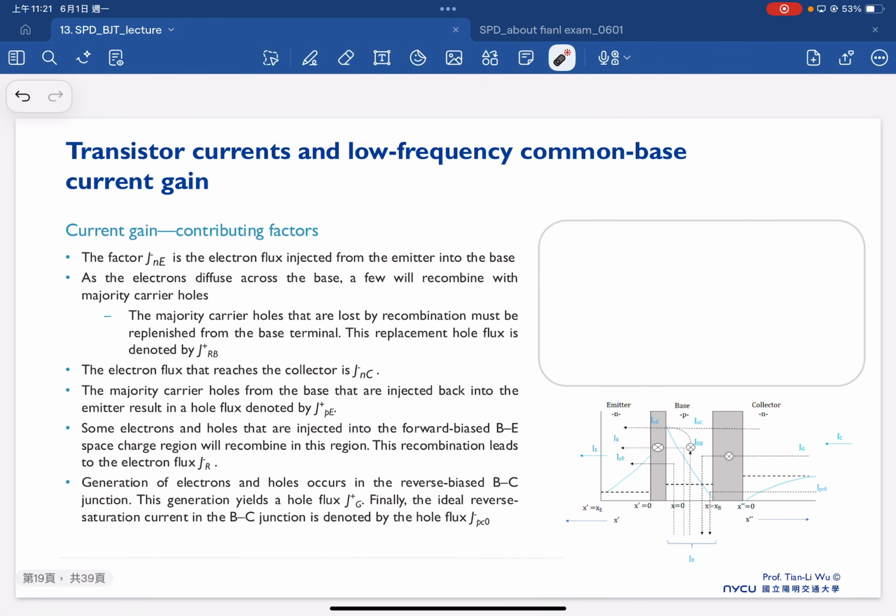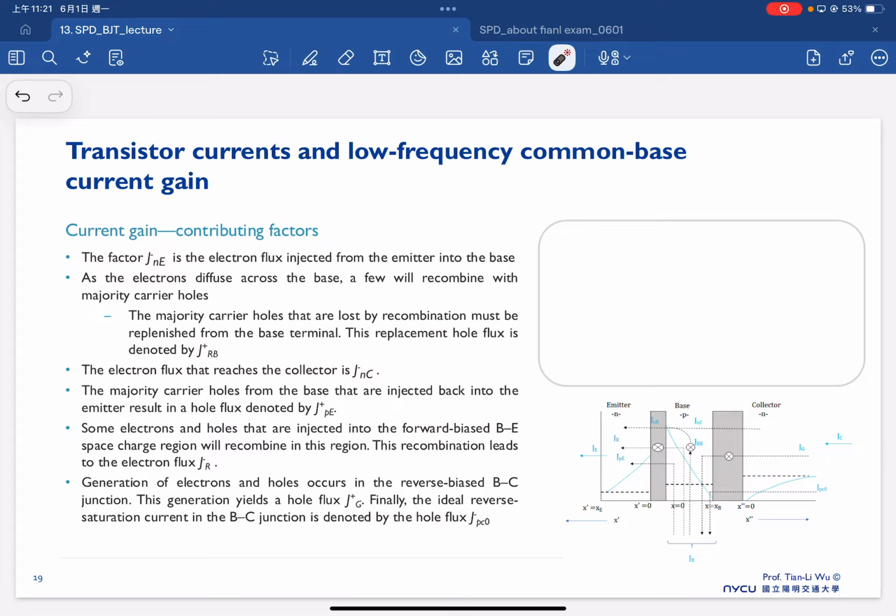So the next is that we would like to understand the contributing factors for the current gain here. Therefore we have to dive a little bit further into the different components that can all contribute to the current.